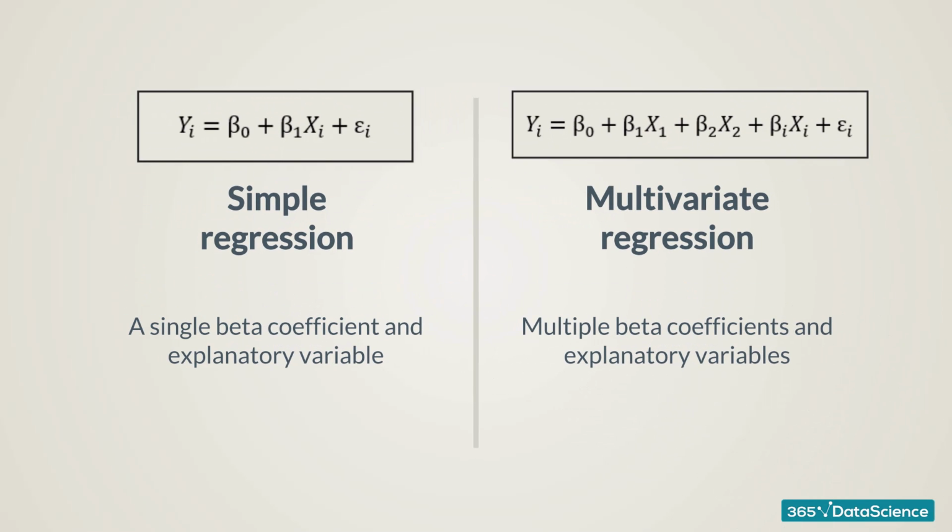Once we are familiar with how simple regressions function, as we already are, we can easily understand multiple regressions. The form of the regression equation is almost the same, with the slight difference that we have multiple beta coefficients and explanatory variables.